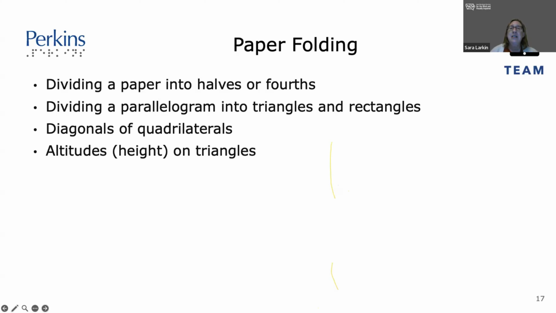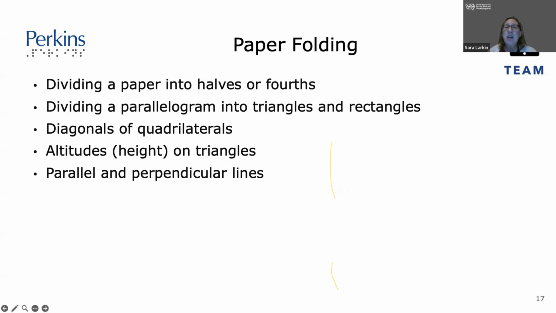To make the height, the idea of folding it so that the bottom goes on top of itself but passes through one of the vertices, is going to help them produce that altitude. In the process of producing that, that's going to help them understand the concept of what height means.